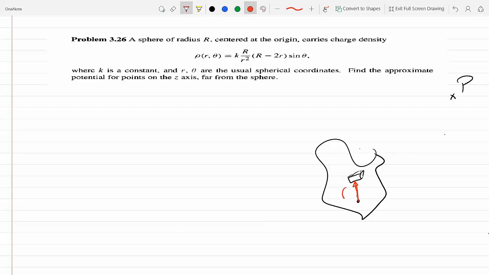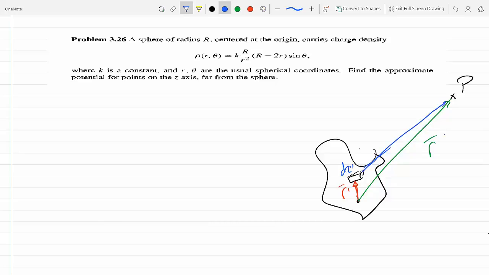And let's say that this here is r prime. These are the prime coordinates, and from the origin to the point P, this will be an r. And of course these are vectors. This piece is a d tau prime, since this is inside the charge distribution, the prime coordinates.